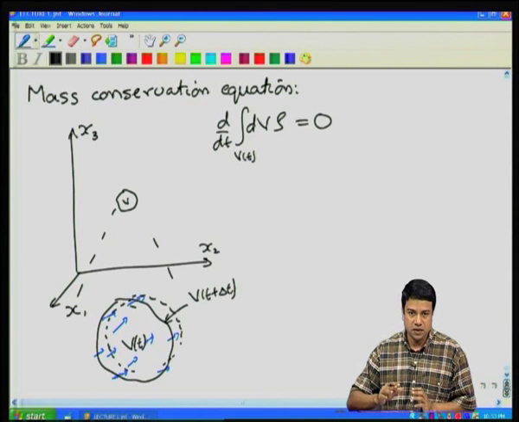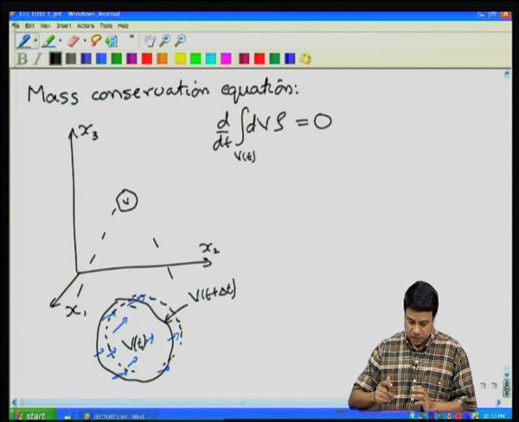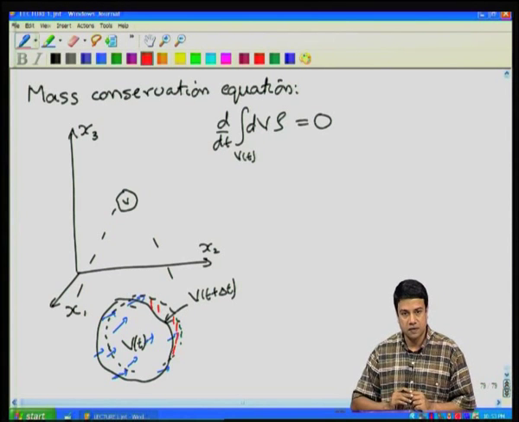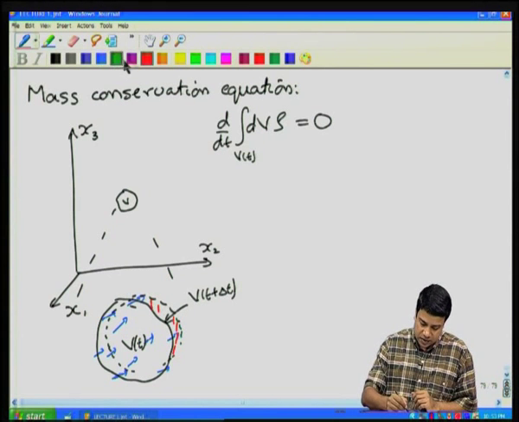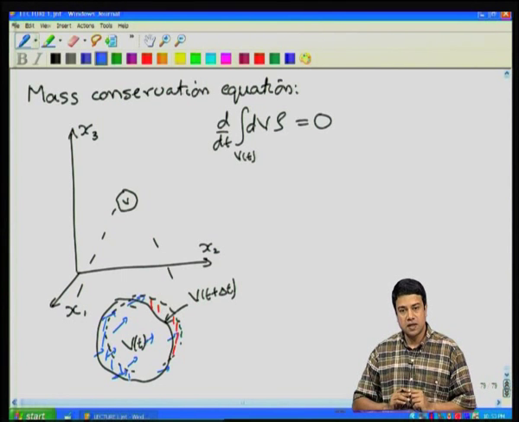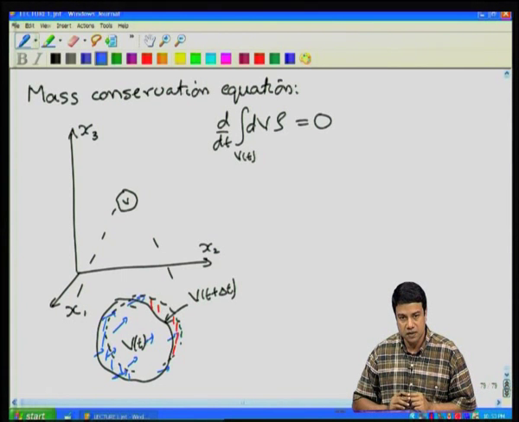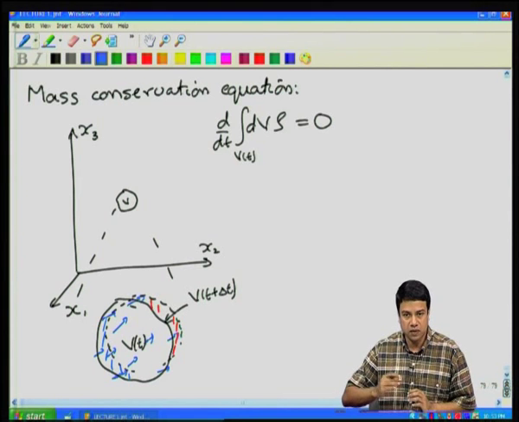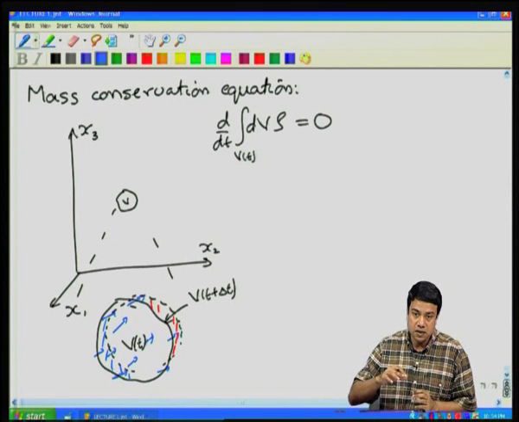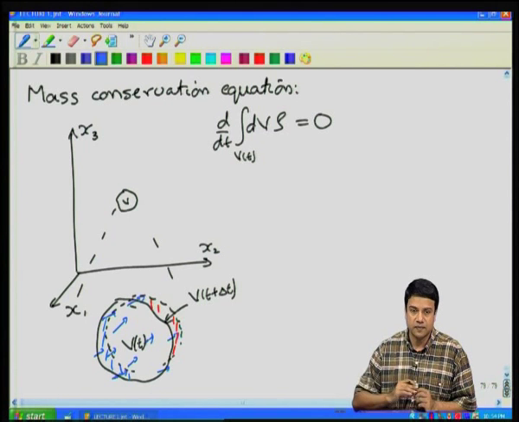As this moves, there are volumes in front, which it occupies after this time, which enter this differential volume. There are ones at the back which leave. So, the change in mass within this volume is going to be due to what has entered as well as what has left, as well as due to the change in density within this volume itself.